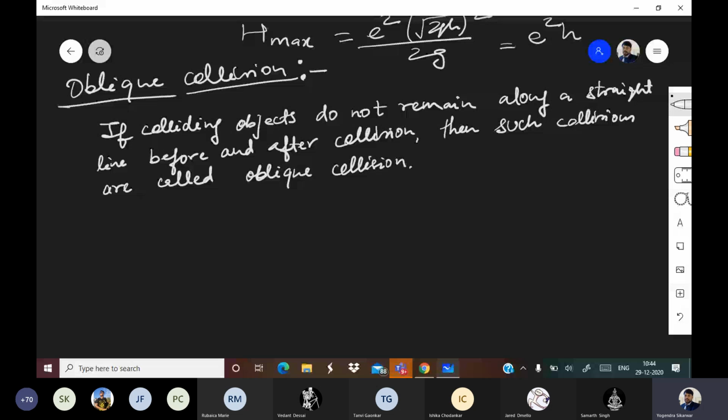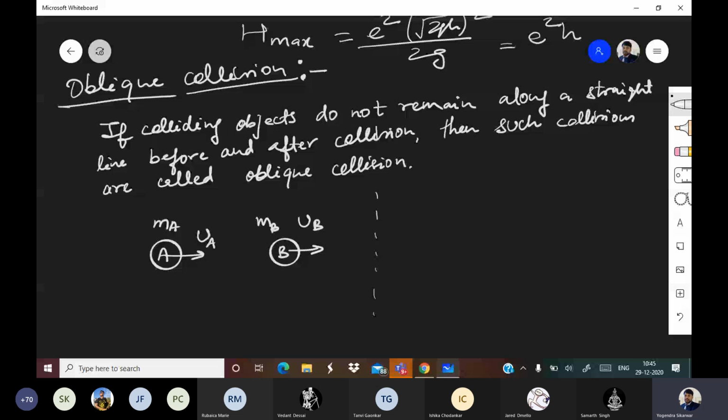So suppose this is one object, A, mass will be obviously MA, and there will be velocity UA. There is another object B, with UB, MB. Now this was before collision.